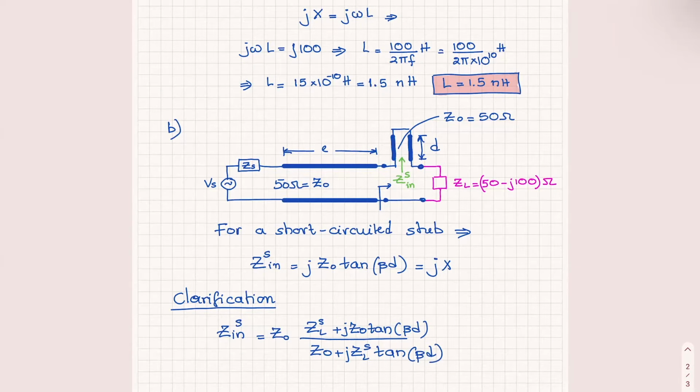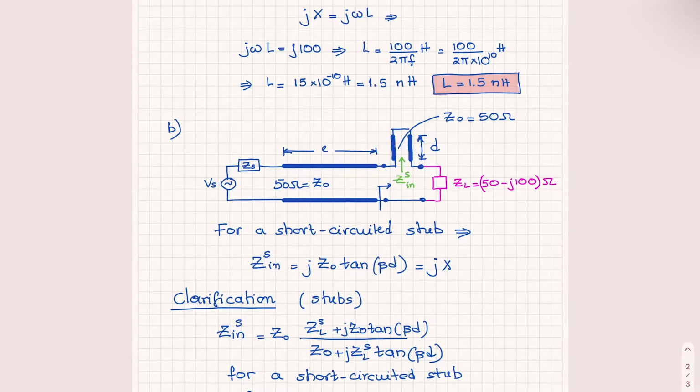Where for a short-circuited stub, what do we have? We have that ZL, the load of the stub, is a short circuit, is 0.